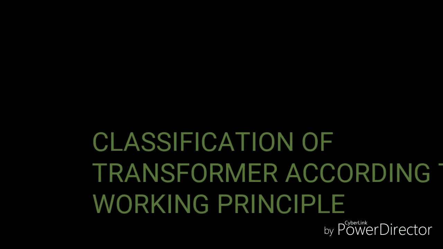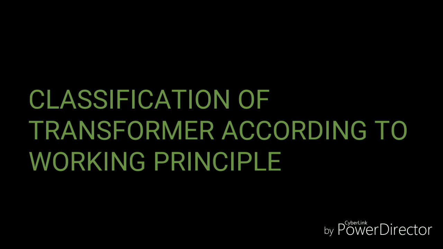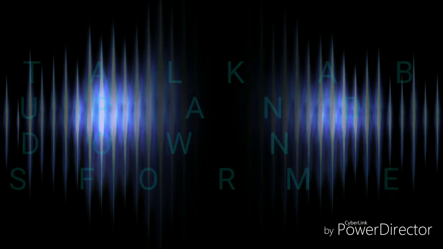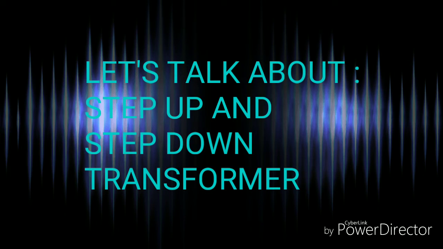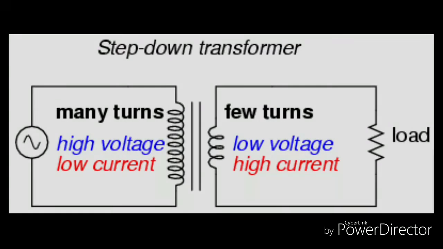Now I will provide the classification of transformers with respect to working principle. It is of two types, step up or step down. All of you can see in the picture on the screen that there are two types of transformers. One is step up and one is step down.